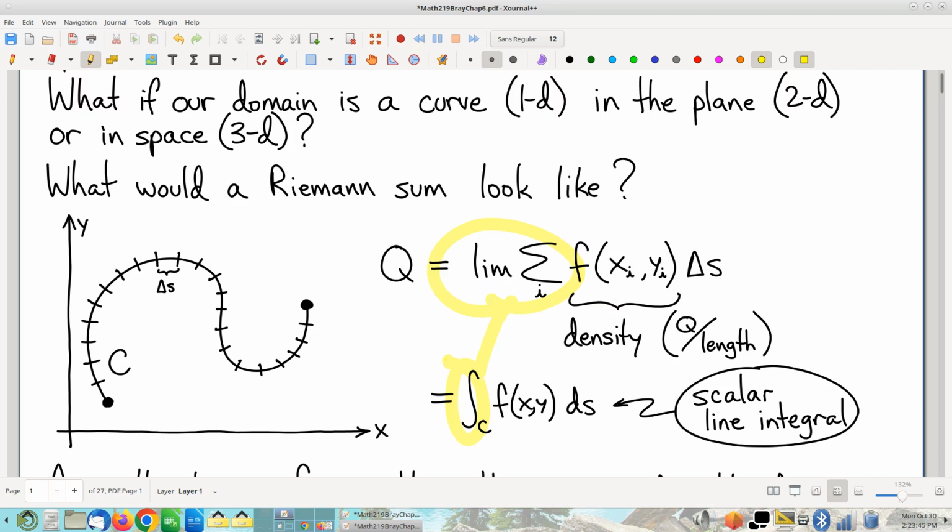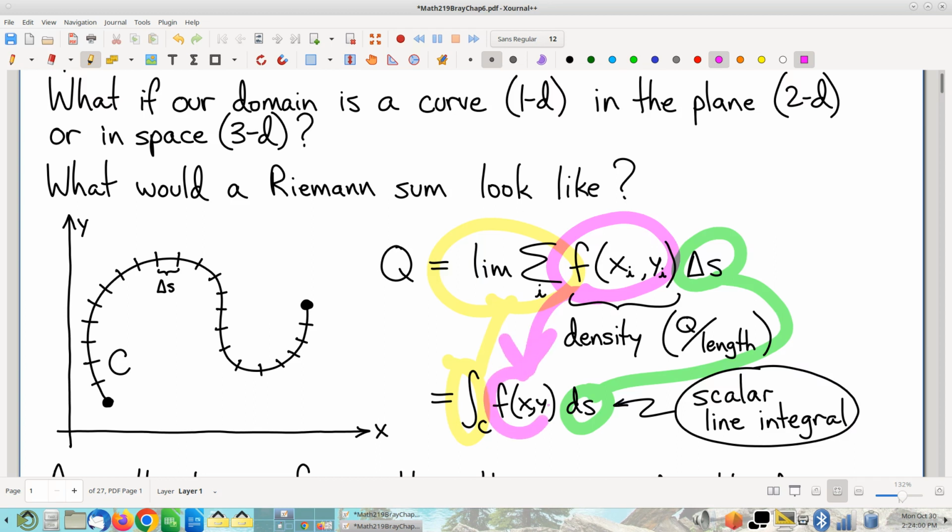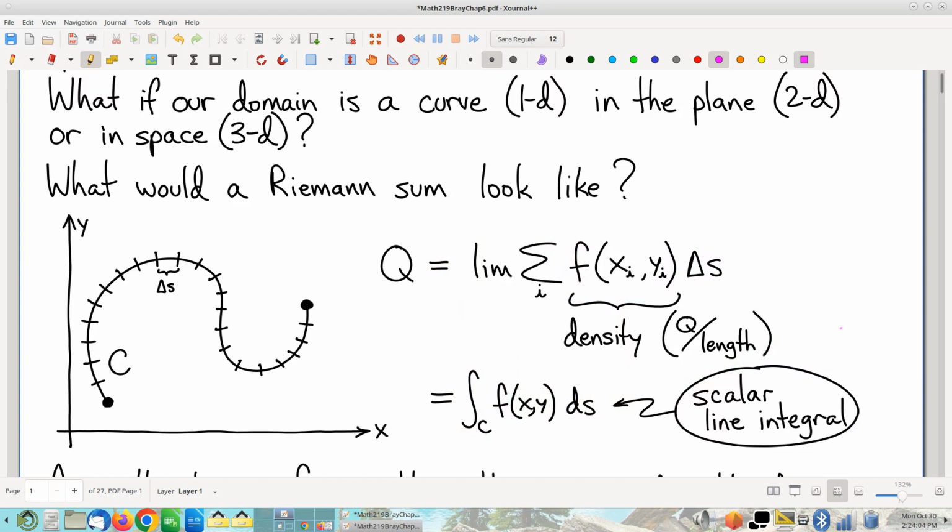Hopefully also no concern that delta S we abbreviate with ds like every other kind of integral we've ever done. So again, hopefully familiar. And then just whatever this function is, that goes in our integrand. Of course, you have to indicate what your domain actually is, right? This curve that you're adding up over.